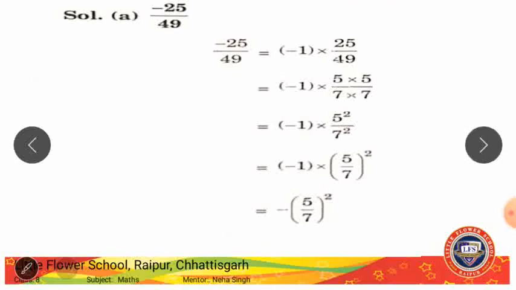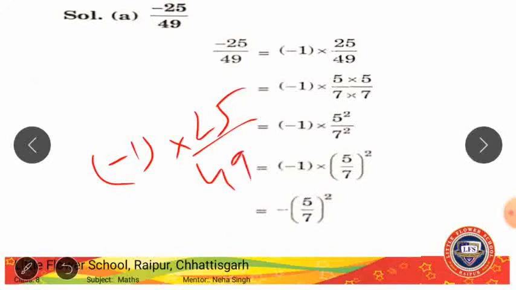Moving on to the next question. Minus 25 upon 49, which is minus 1 into 25 upon 49. Minus 1 will be separated. This was the second question. In this you have to write in the form of exponents.